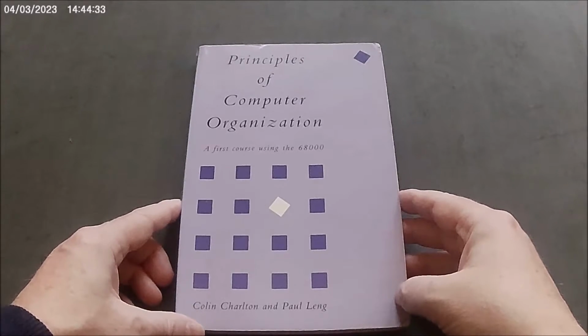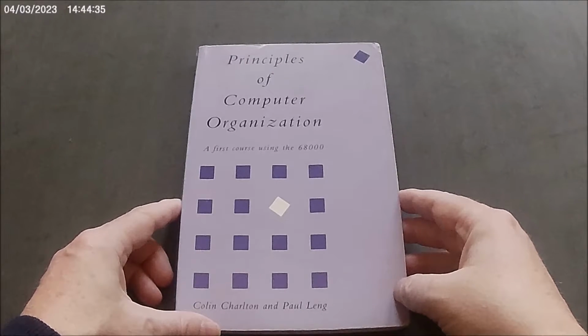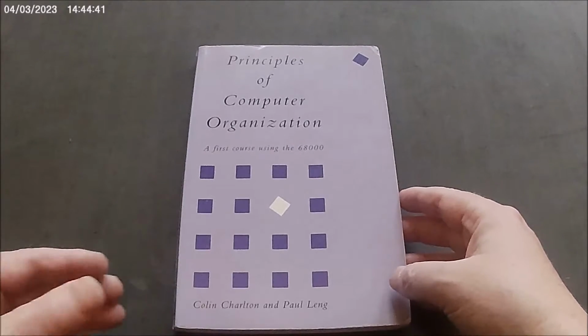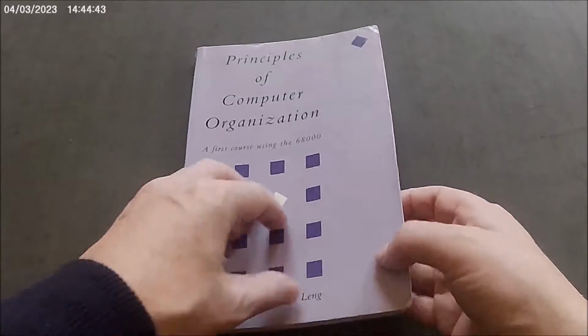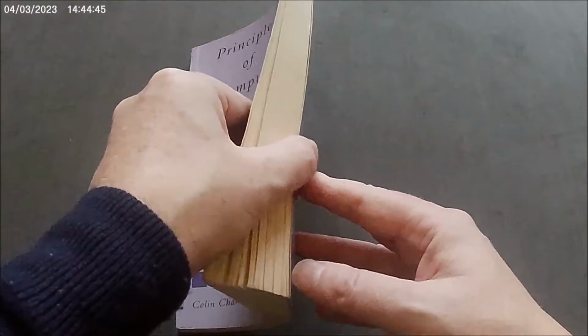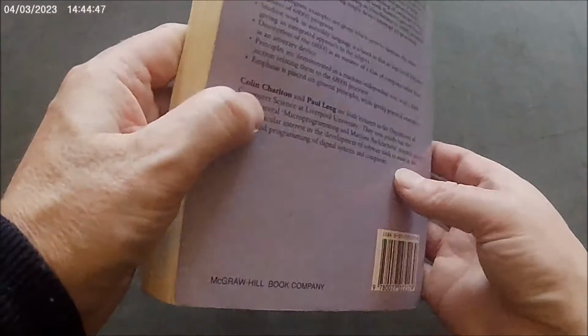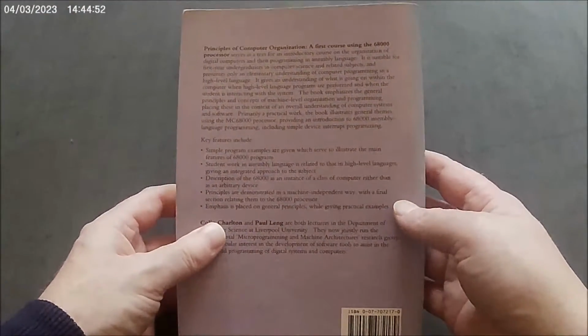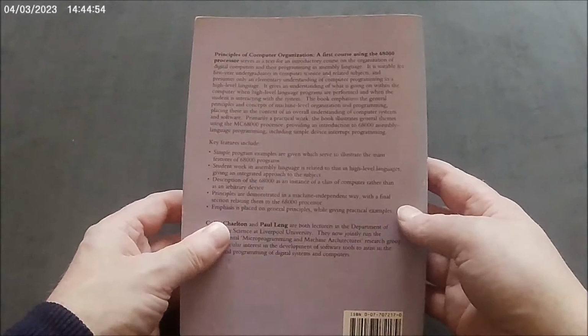But it also looks at the 68000, that's the Motorola MC68000 assembly language, and makes a comparison. So it's really quite good in the fact that it introduces the ideas using its own little machine.